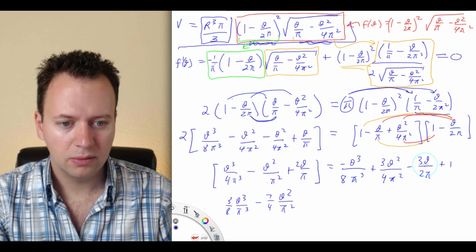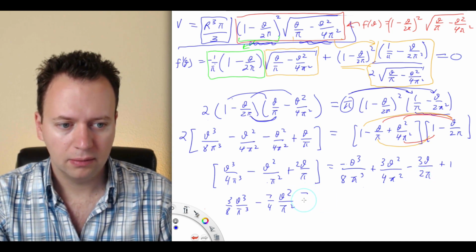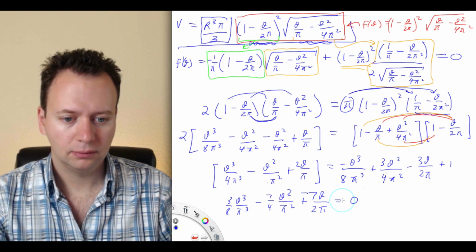And then this guy moves over, 2 plus 3/2 is finally plus 7 theta over 2 pi is equal to 0.